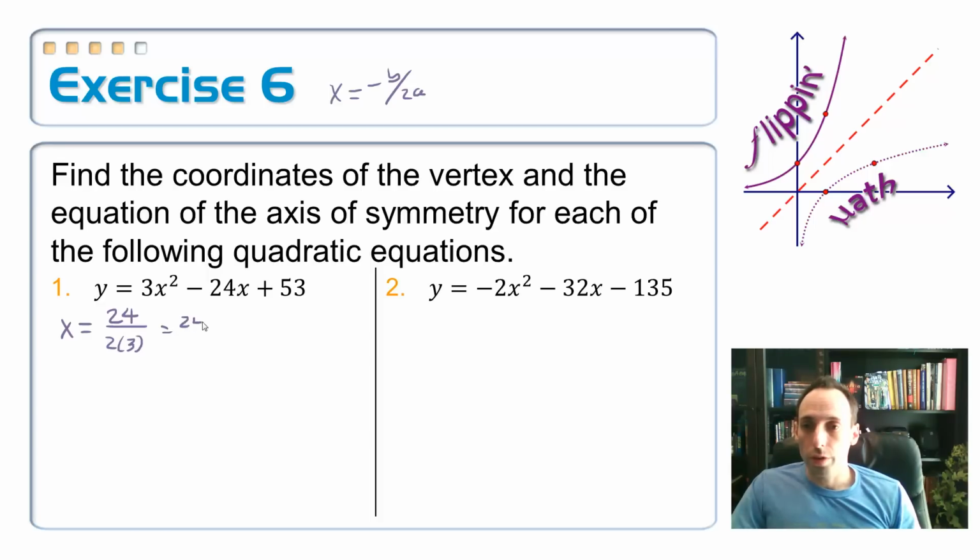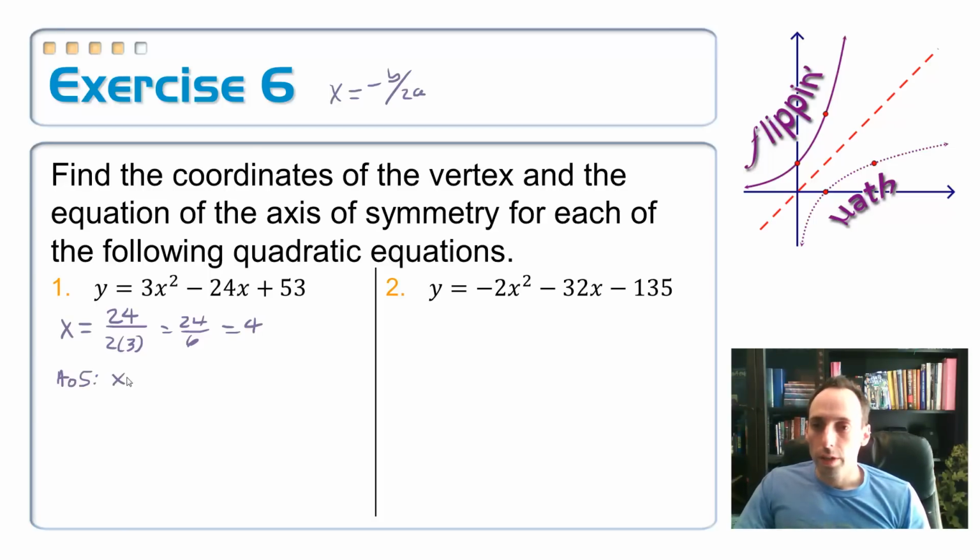So this is 24 over 6, which is 4. Here's the equation of the axis of symmetry. AOS, that's how I'll abbreviate it, is x equals 4.